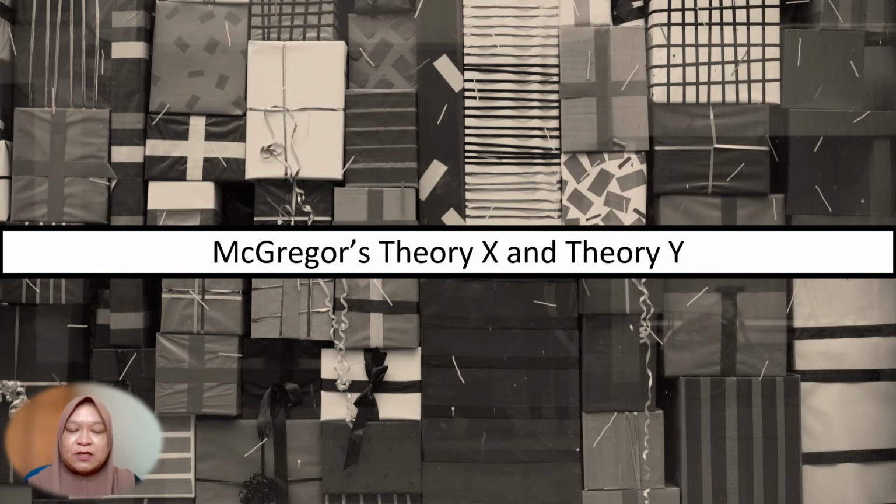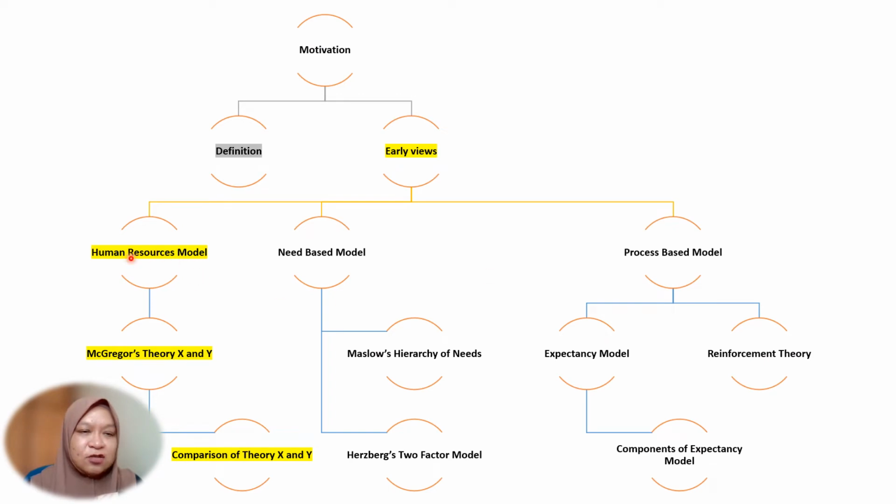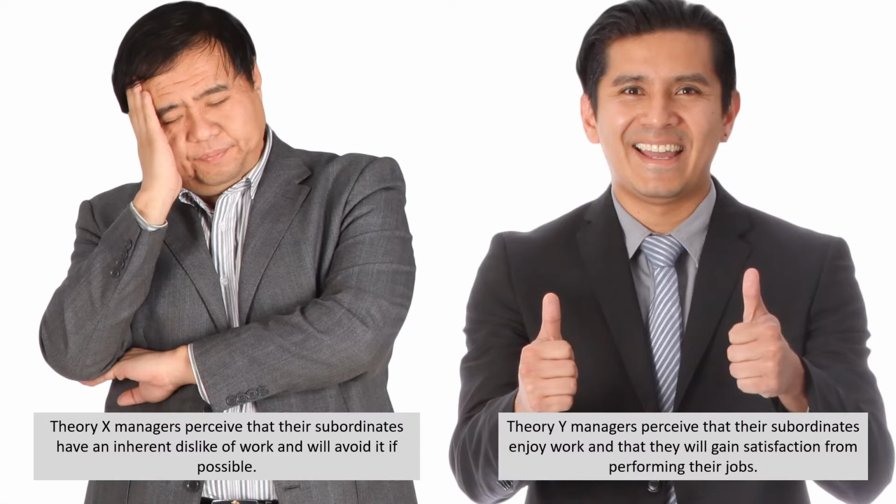So firstly, we want to see McGregor's theory X and theory Y. McGregor's theory X and theory Y is under the human resource model. So what is theory X and what is theory Y? Theory X managers perceive that their subordinates have an inherent dislike of work and will avoid it if possible.